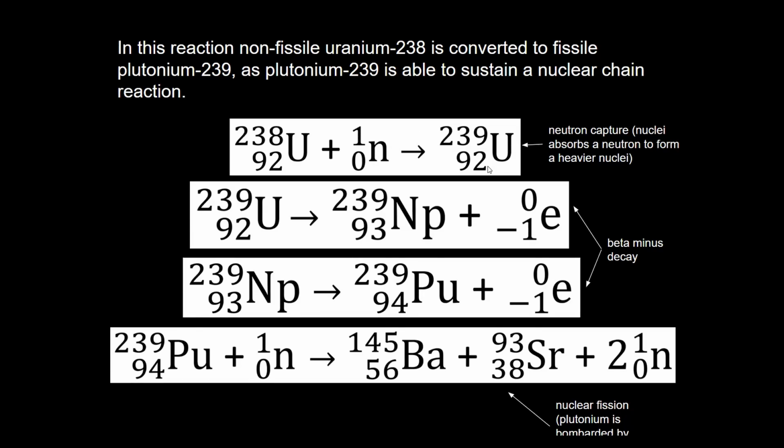The first reaction is neutron capture, where the nucleus absorbs a neutron to form a heavier nucleus. The second reaction is beta-minus decay. The third reaction is also beta-minus decay. And finally, the last reaction is nuclear fission, where plutonium is bombarded by neutrons.